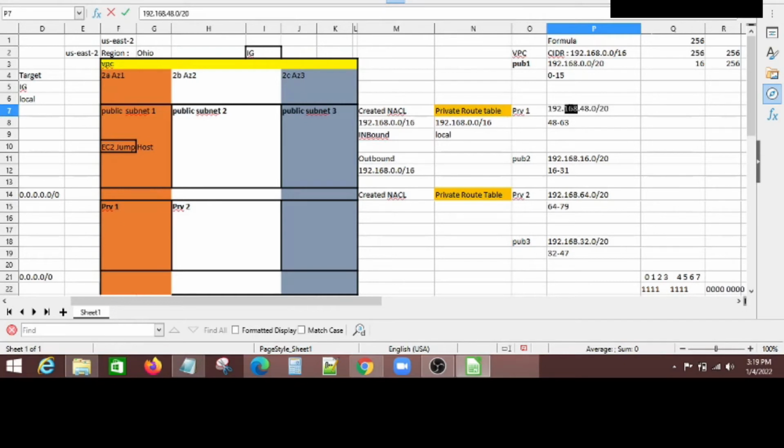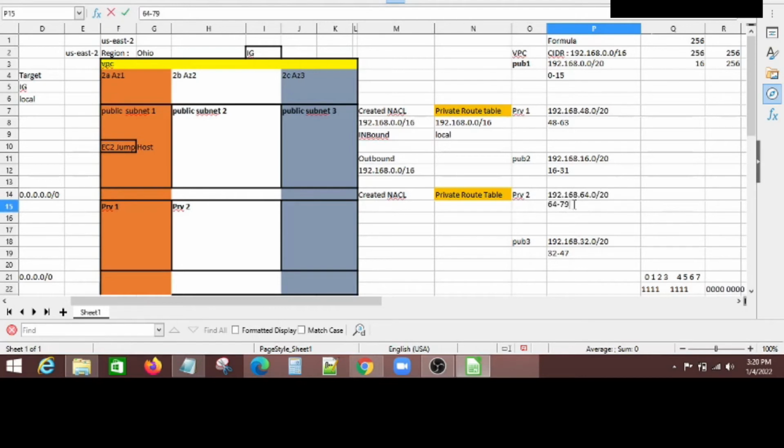That's what I have given for private subnet 1. For private subnet 2, because the first stopped at 63, I'm starting at 64, and the third octet, last 4 bits is allowed, so another 16 variations. 64 plus 16 is 80, so I stopped at 79.